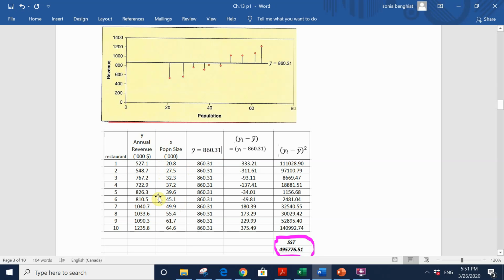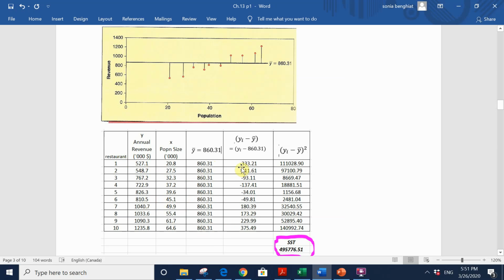And at a population size of 45.1 thousand, again I can expect an annual revenue value of 860.31, in thousands of dollars. So this is a very boring model.